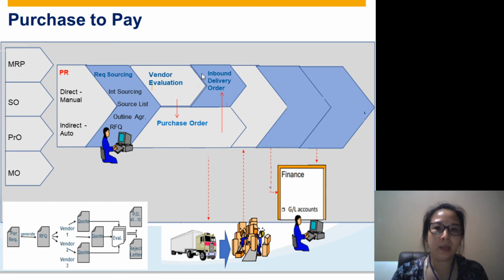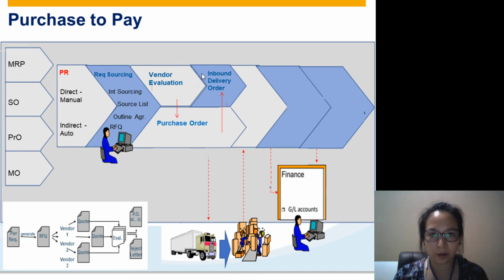Let's say if the PO states we buy material A 10 pieces, and material B 10 pieces, the inbound delivery order will state the same material and the same quantity. Even though it's also possible that the shipment will be done partially.